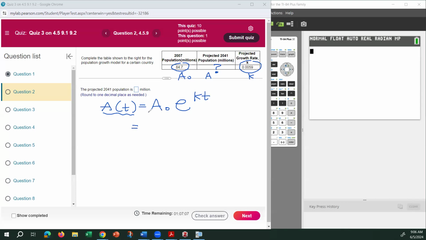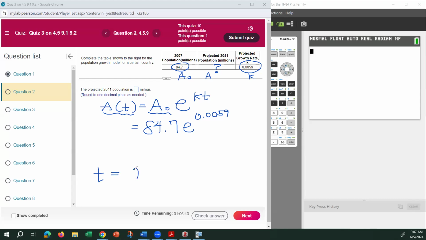Okay, so A initial is 84.7. We have e, then K is given as 0.0059. T, it looks like T we're not given, but if you think about what T is going to be, years after 2007. And so I'm going to do that here.